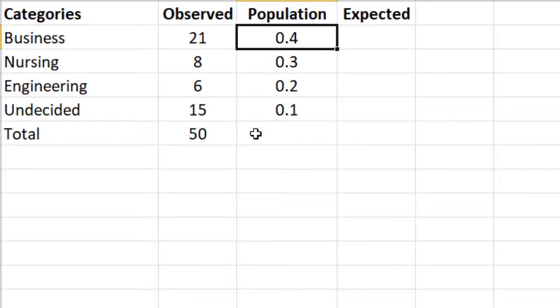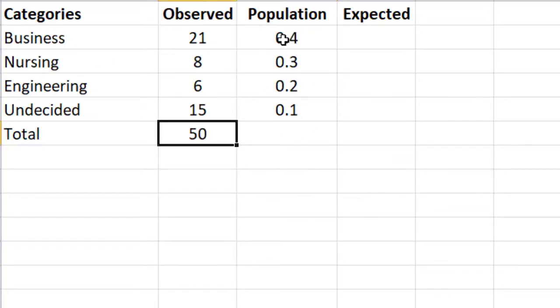If all of these population proportions are correct, say for example, if it was correct that among the population of students who took that specific math course, 40% of them are in the business major as stated, then in this sample of 50, I am expecting the following.